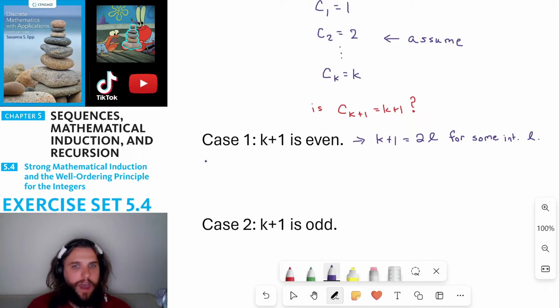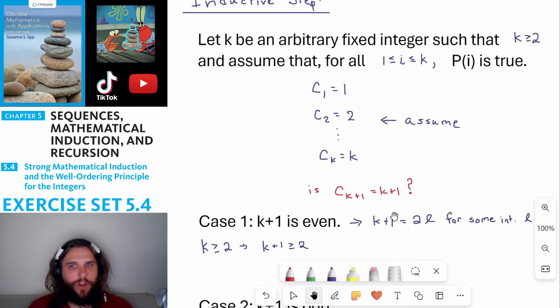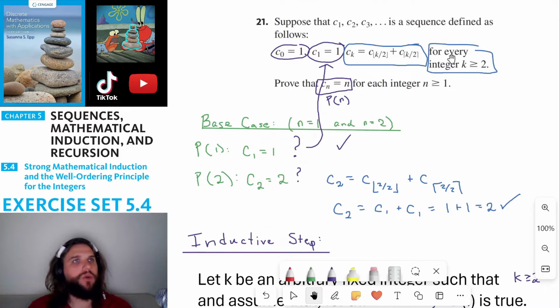And remember that by assumption, k is greater than or equal to 2, which means that k plus 1 is greater than or equal to 2 as well. It's actually greater than or equal to 3, but we need to justify that it's greater than or equal to 2 in order to apply the recursive definition of the sequence.